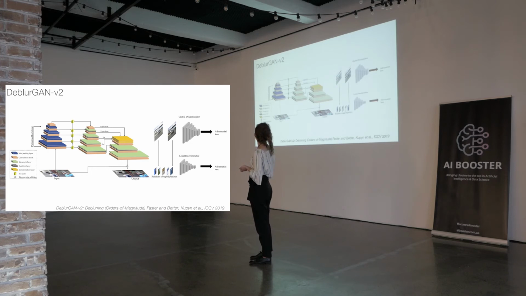So this is the generator, this is the discriminator, and what's really cool about it is that it's very flexible. We understood that those approaches based on pix2pix frameworks, still trying to replicate the success of those, are either UNet-based or ResNet-like, the same as in DeblurGAN, and it's not good enough.